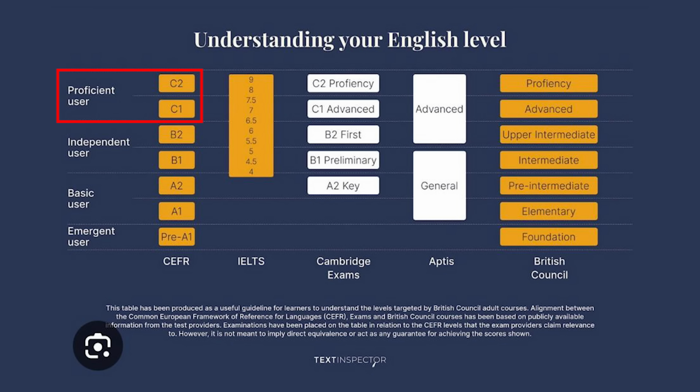Now, if you look closely, you can see that to get a B1 score, if it's IELTS we are talking about, you should score about 4.5 to band 5. And to show that you are a B2 user, which is upper intermediate, you should score between band 5.5 to band 6.5.